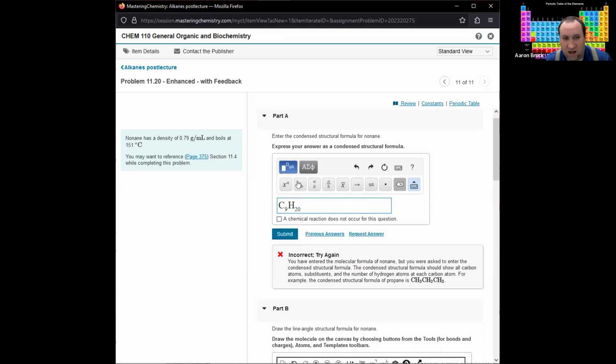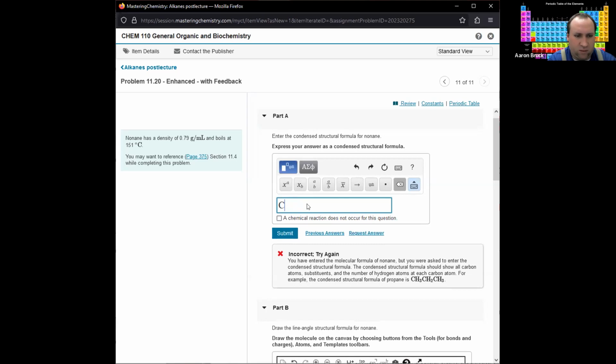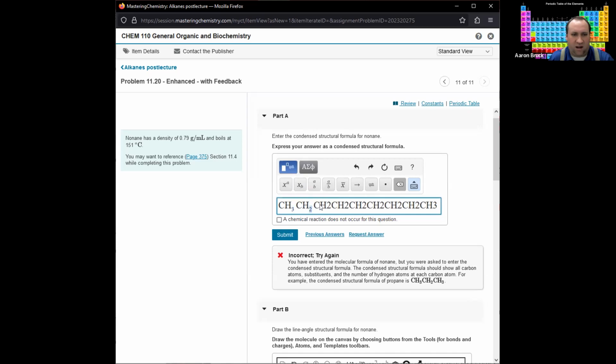And the reason this is getting marked wrong is it wants the condensed structural formula instead of the actual formula. So that would bog us down a little bit more. We would have to put in CH3, CH2, CH2, CH2, 4. There's 5 carbons, 6 carbons, 7 carbons, 8 carbons, 9 carbons. And then we've got to do the formatting that it likes too.